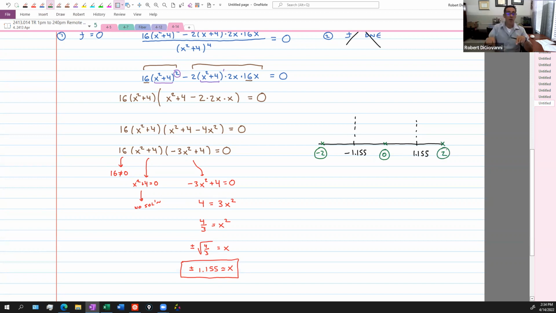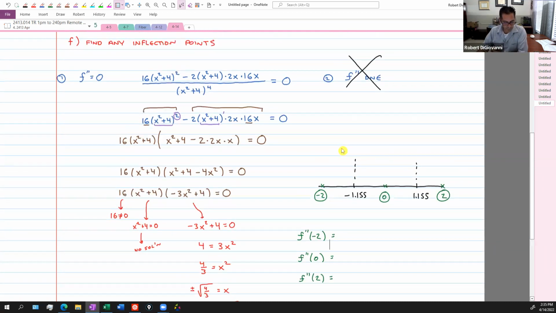And these are getting plugged into the second derivative, and we're going to try and figure out if we are smiling or frowning basically from that. So my second derivative at negative 2, my second derivative at 0, my second derivative at 2. And gosh, that's going to suck. Isn't that going to kind of suck to have to plug these in?